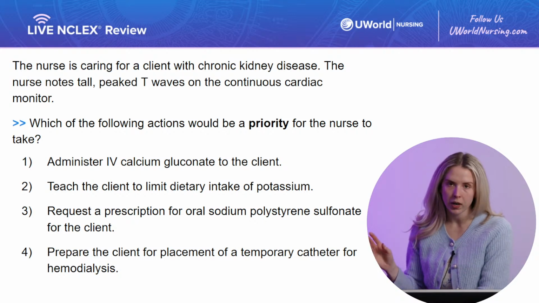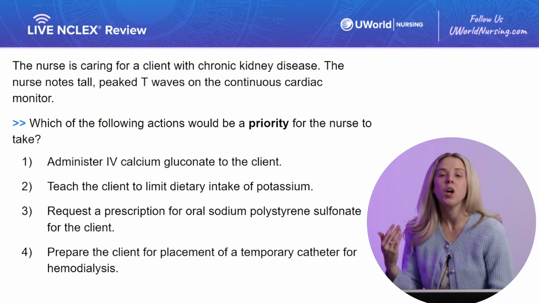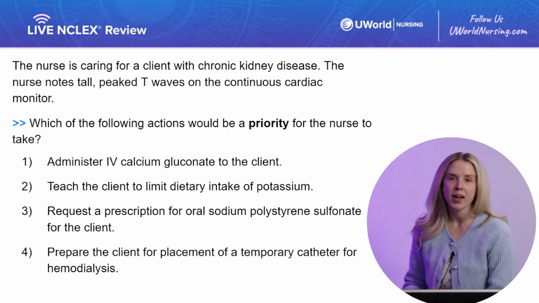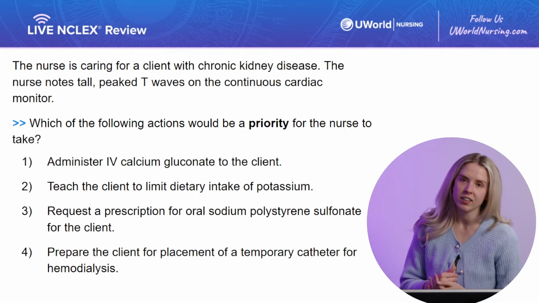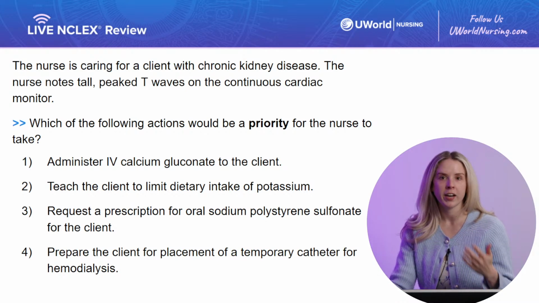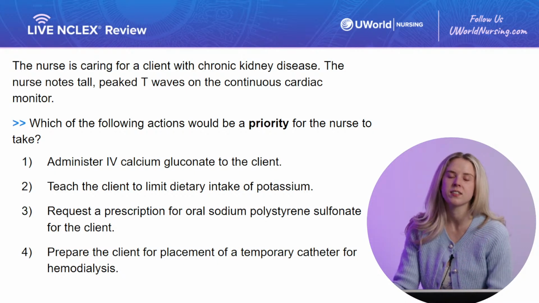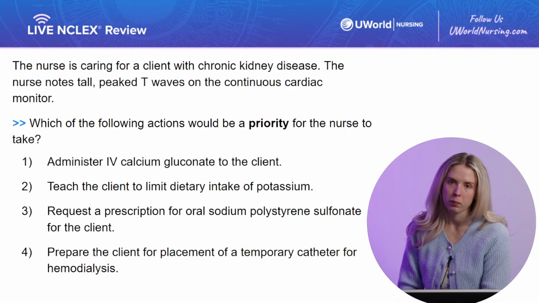So our number one priority when we see this hyperkalemia dysrhythmia is that we're going to want to stabilize the myocardial cell membranes and protect the heart. So we're going to give IV calcium gluconate because that is the indication of this medication. It has a very rapid onset. It works in 1 to 2 minutes, but our absolute number one priority is to stabilize those cardiac membranes.